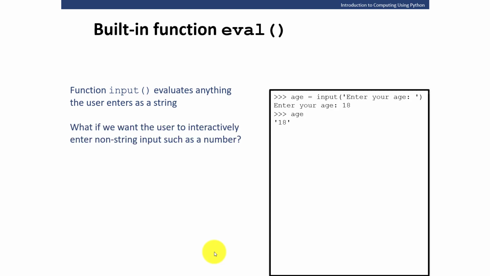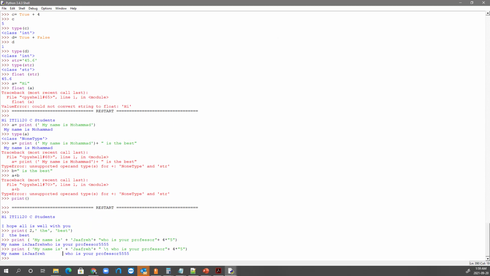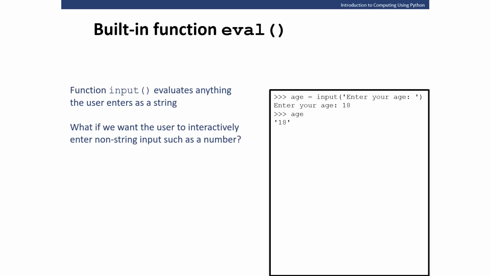I want the user to interactively enter non-string input, such as a number. Now, the problem with that, guys, if I open the IDLE here, okay, let's do the IDLE, and I do the following.